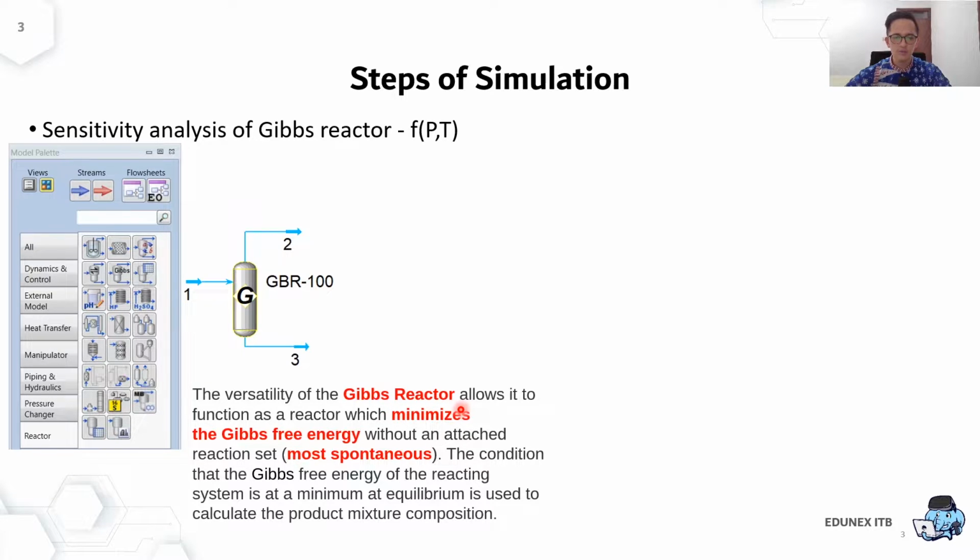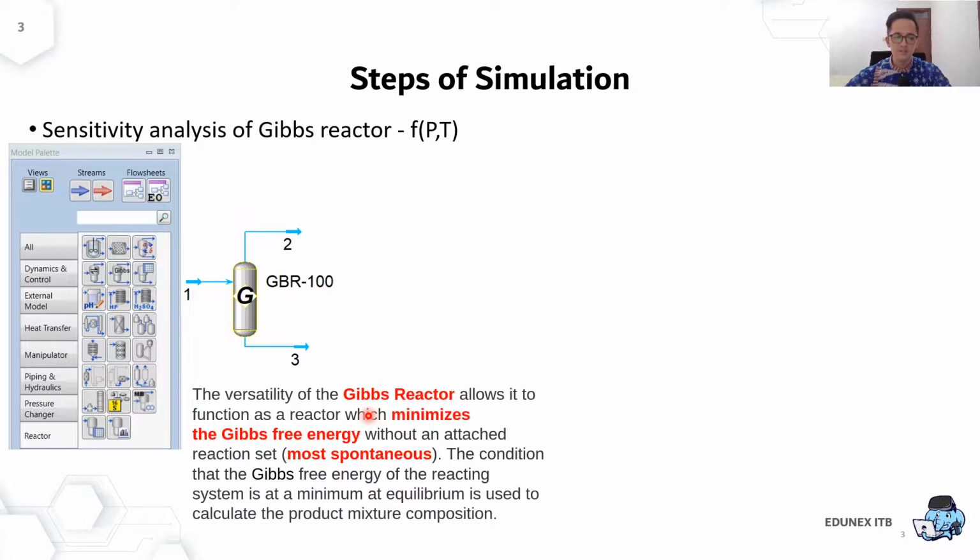I think it's a good time to introduce you to this kind of reactor, which allows you to model a reactor without attaching any reaction set. That means we don't have to specify the stoichiometry equation for the Gibbs reactor. The Gibbs reactor will find any combination that will minimize the Gibbs free energy. And when we minimize the Gibbs free energy, that means it will be the most spontaneous reaction.